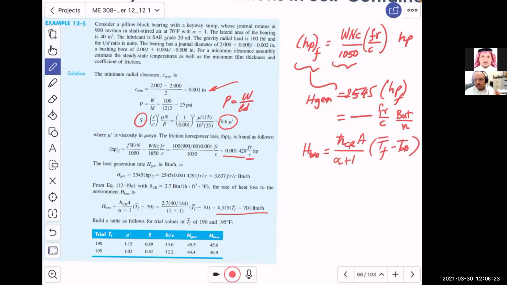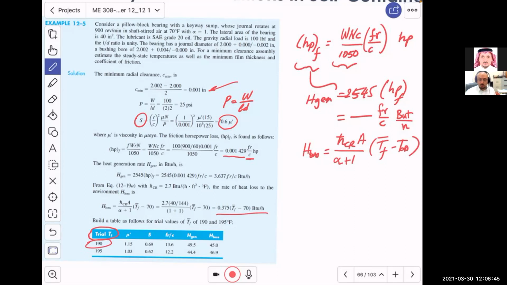That's what we said. And we started with a random number for T bar F, the average temperature of the film. We started with 190 degrees Fahrenheit.